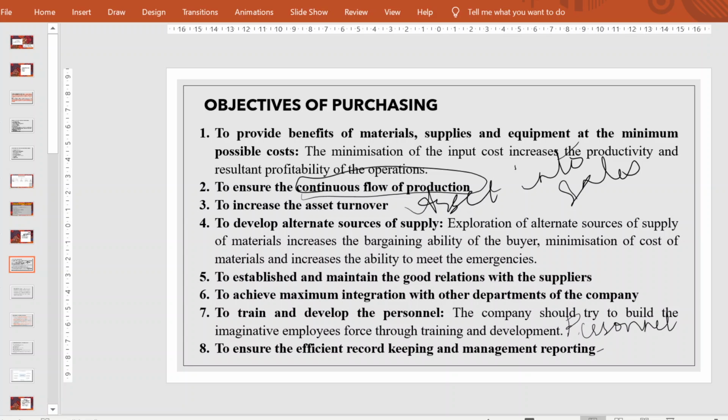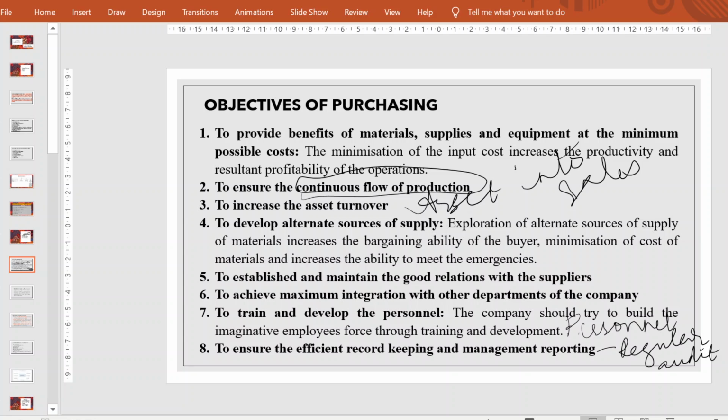This is nothing but regular audits being done and making sure that everything needed, like the stock in hand and how much is required, is clearly and meticulously recorded. This will help in maintaining a good material management, and this is one of the objectives of purchasing.